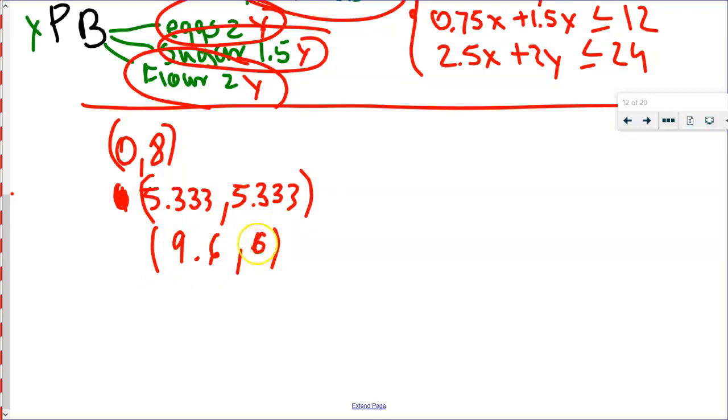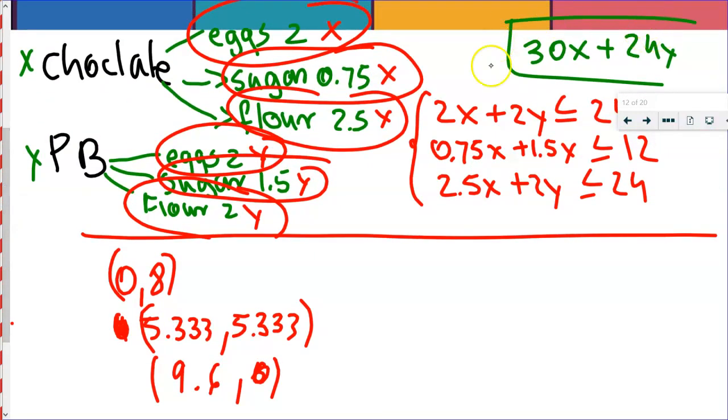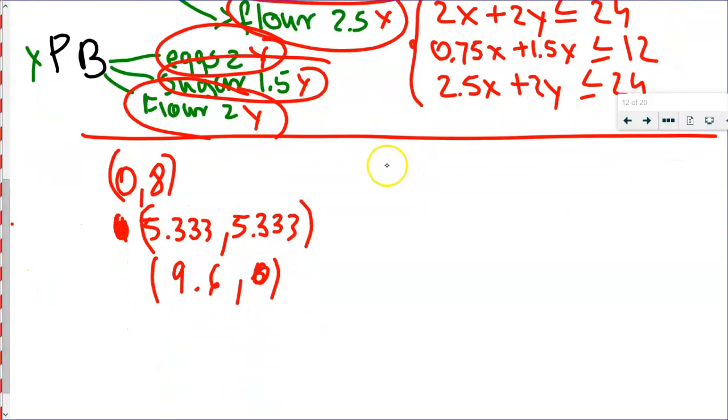Okay, so again, our profit equation was right here, 30x, which was 30 chocolate protein bars, and 24 peanut butter bars. Okay, so 30x plus 24y.